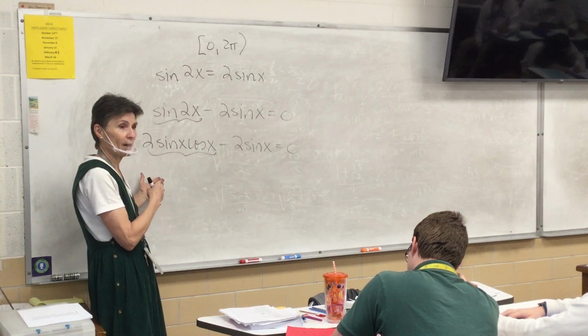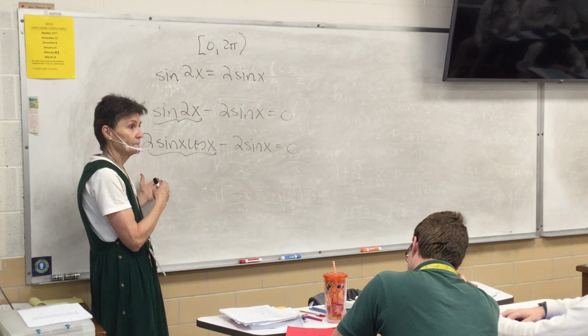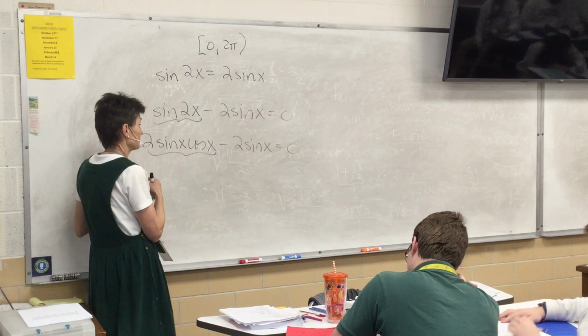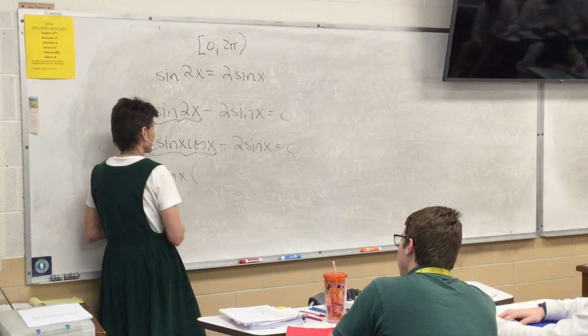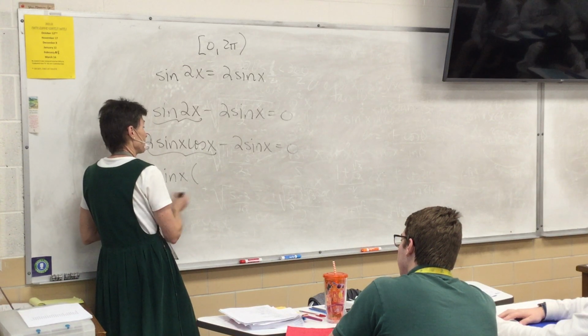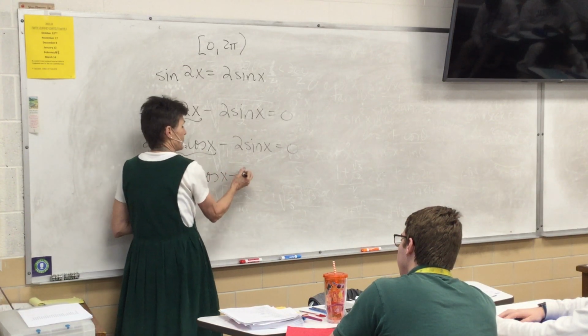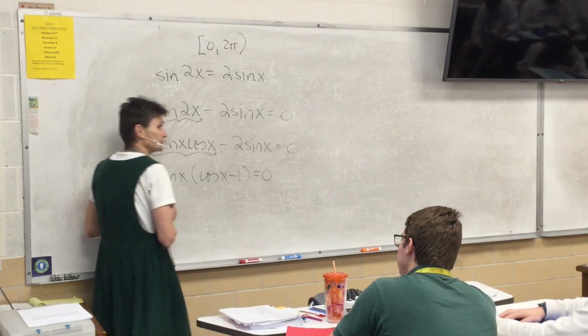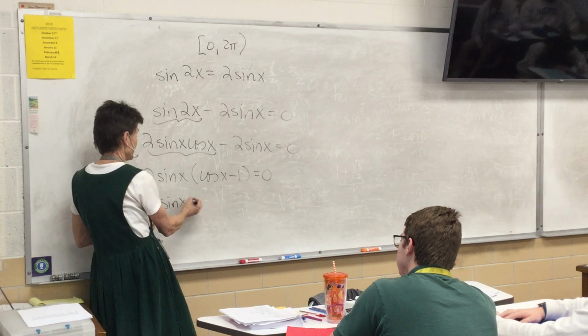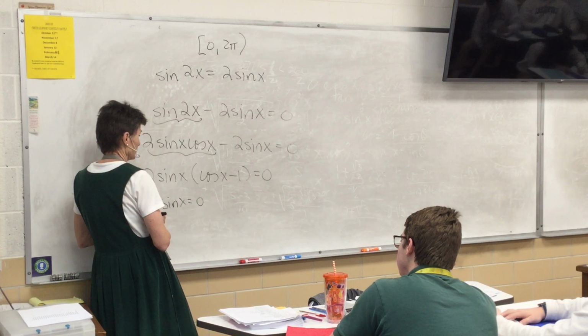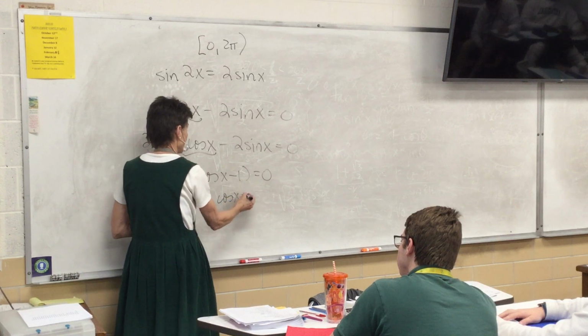Doesn't that look like what we practiced the other day? What are we gonna do? Factor out 2 sine, and we're left with cosine minus 1. So sine equals 0, or cosine equals 1.